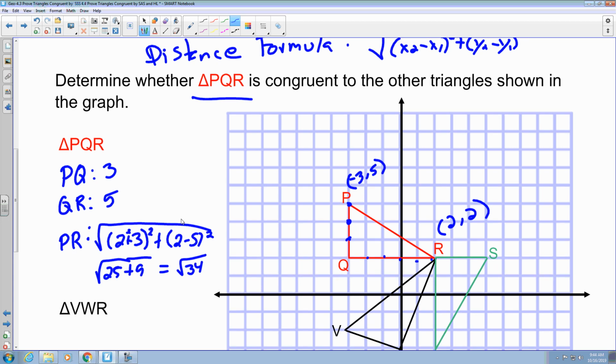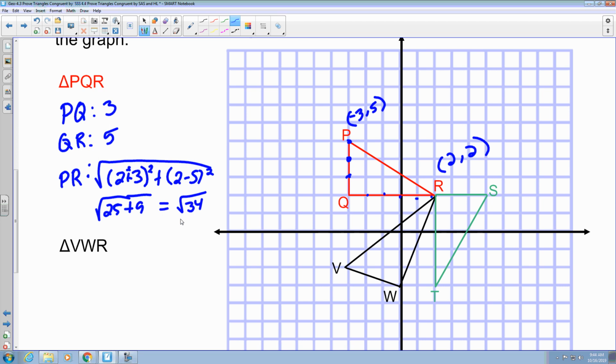So first things first, my first and second letters in the triangle have to correspond with PQ. So VW has to equal 3 in order for me to keep going forward with that particular triangle. VW is right here.